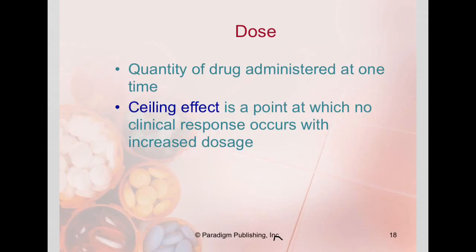Dose is the quantity of a drug administered at one time. There are a lot of different doses that people are given. Your body gets used to a certain dose. Sometimes they have to up your dose, but then there comes a ceiling effect, and that's the point where no clinical response occurs, even if you move the drug higher.